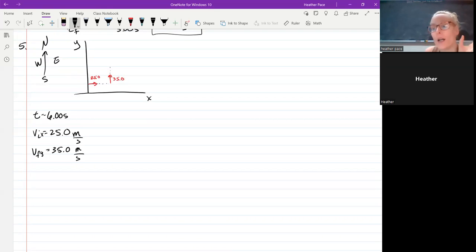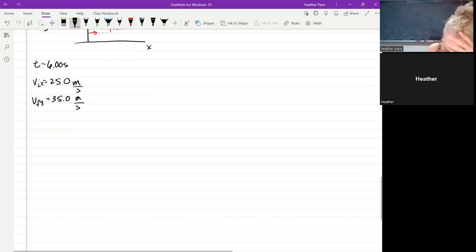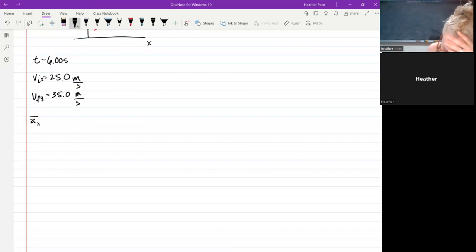And it is asking for average acceleration. Well, we saw in our last problem that average acceleration is just the change in v over the change in t. So let's do that here. We have vf minus vi all over t.